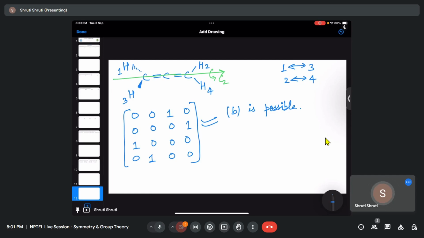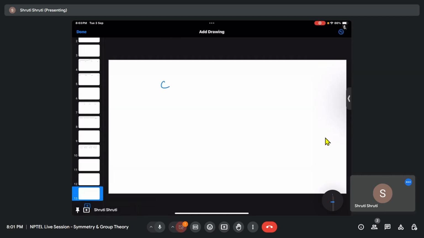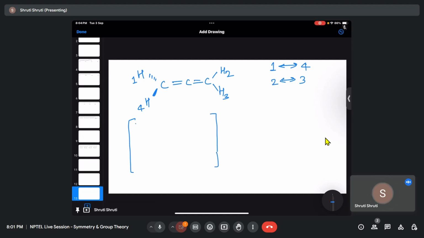Now if the numbers are this is 1, this is 2, this is 3, this is 4, then 1 gets exchanged to 4, 2 gets exchanged to 3, 3 gets exchanged to 2, and 4 gets exchanged to 1. So the transformation matrix will have 0 in the first position for 1 going to 4, and so on.